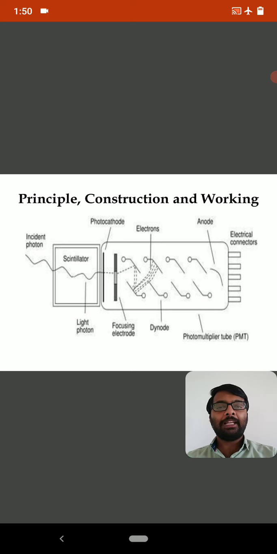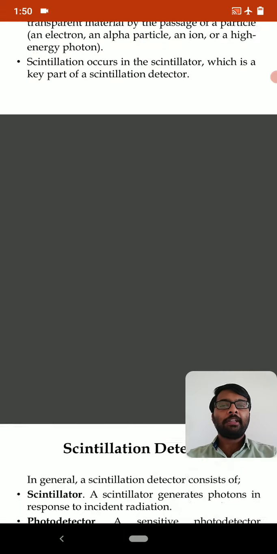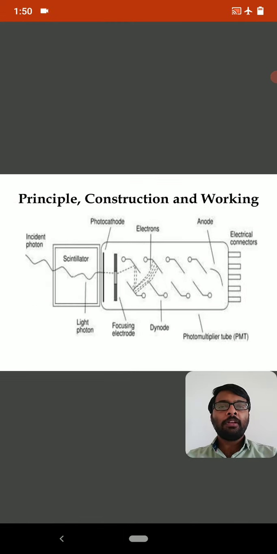Again those two electrons have sufficient energy to eject more electrons from the second dynode. For example, 2 is converted into 4. Again those 4 electrons are made to be incident on the third dynode, so that in this photomultiplier tube the multiplication takes place. That's why it is called a photomultiplier tube.